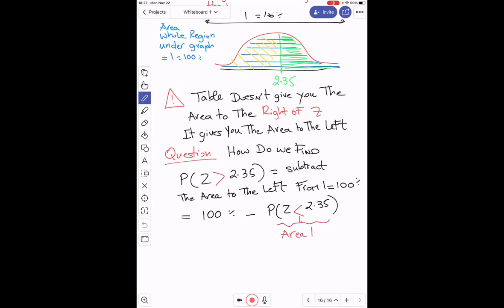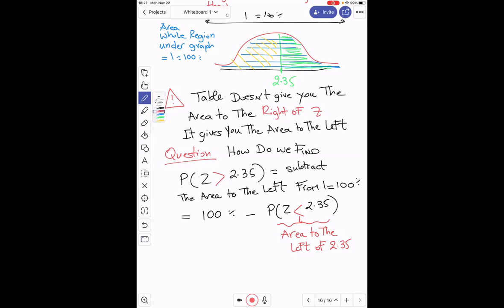So the area to the left of 2.35. You need the area to the right, the table gives you the area to the left, so to find the area to the right, that would be 100%, the area of the whole region, minus the area to the left.